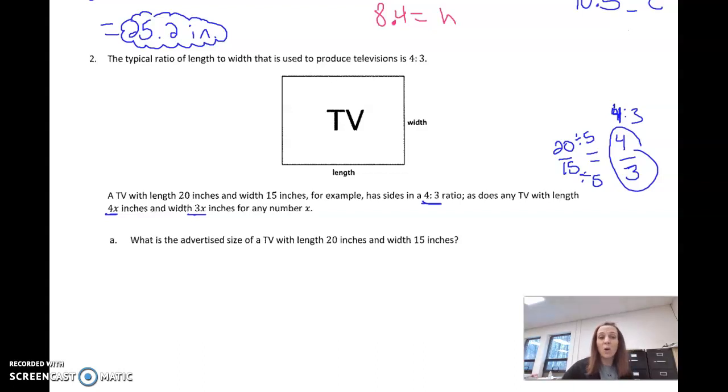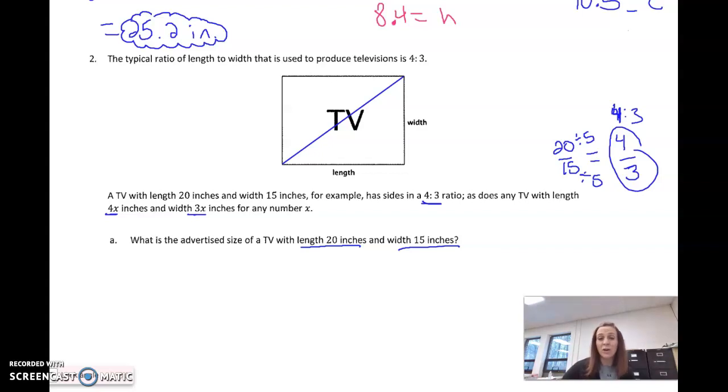So this one says, what is the advertised size of a TV with length 20 inches and width 15 inches? When they tell you the size of the TV, 55-inch TV, 85-inch TV, whatever it is, they're telling you the diagonal across.